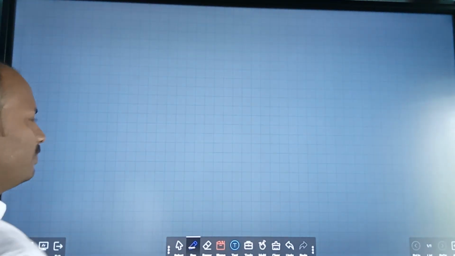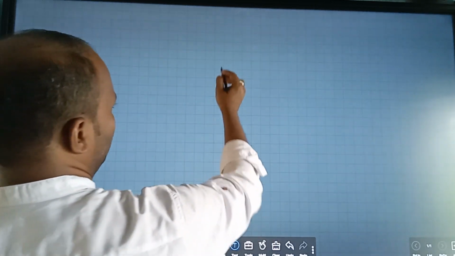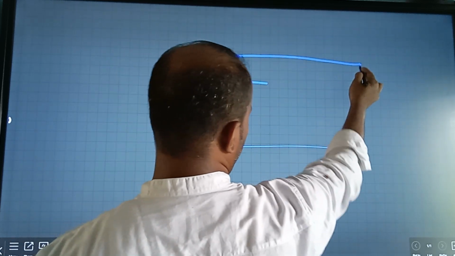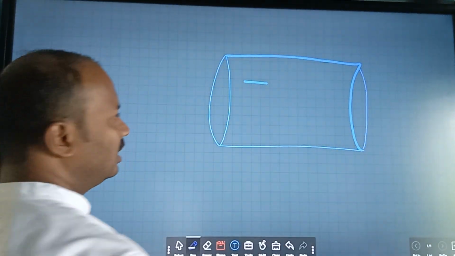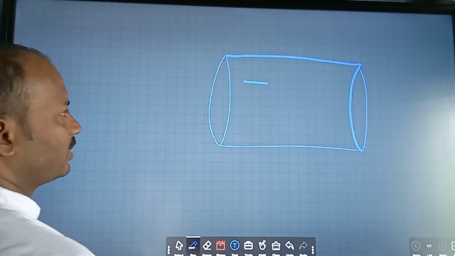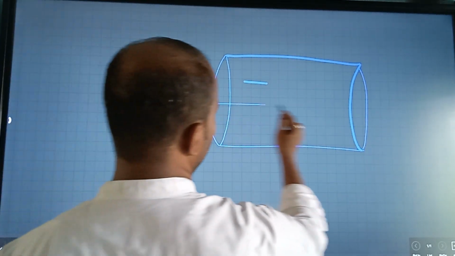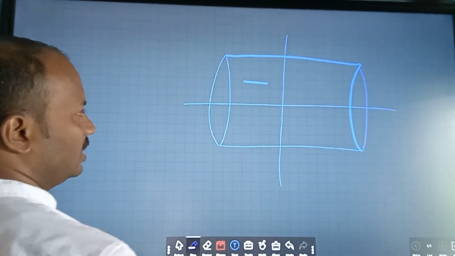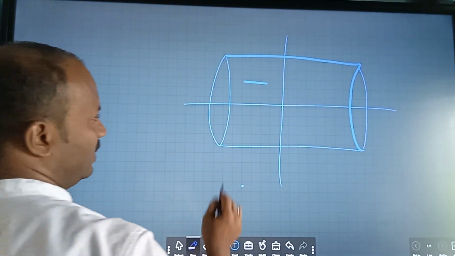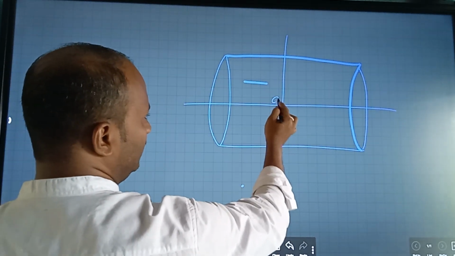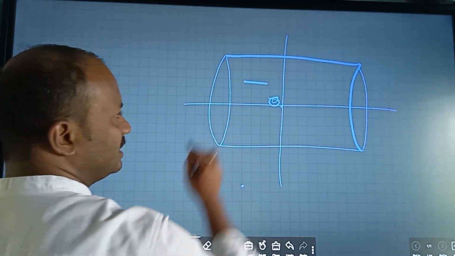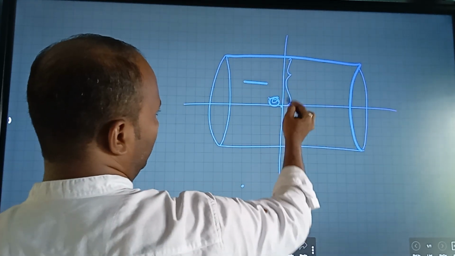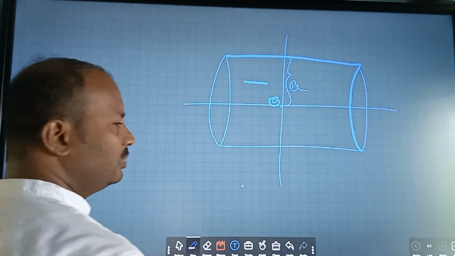First, let us consider a circular solenoid. The circular solenoid is divided equally into two parts, and this is the center point. From the center, this becomes the radius.